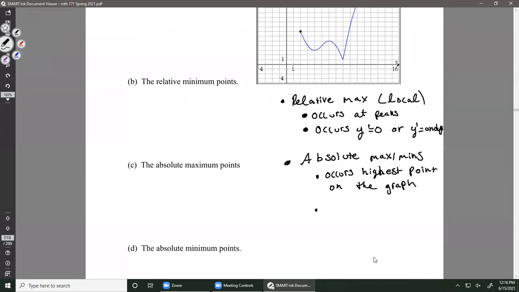However, it can also be a relative min or relative max. Those two points can be the same, or it can be an endpoint.